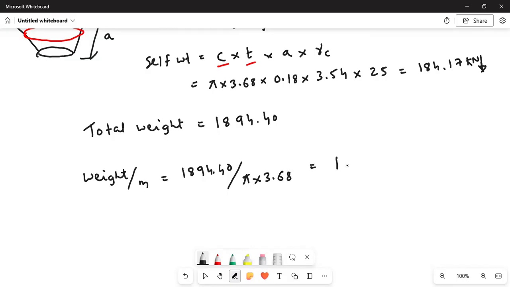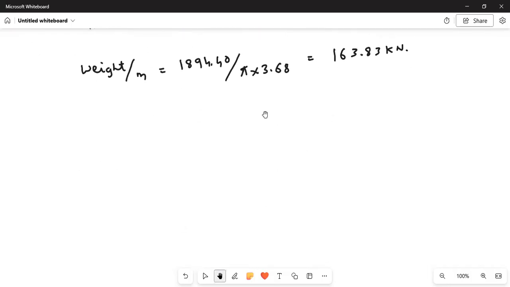So this is coming as 163.83 kilonewton. Okay. So we got the total weight of the hopper bottom, including the weight of the material, and then we have converted the load into load per meter.